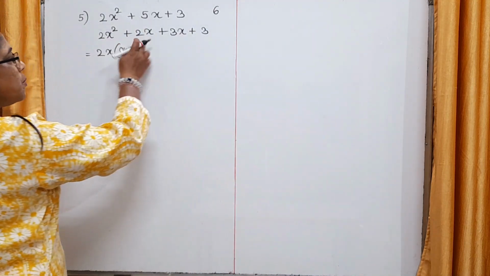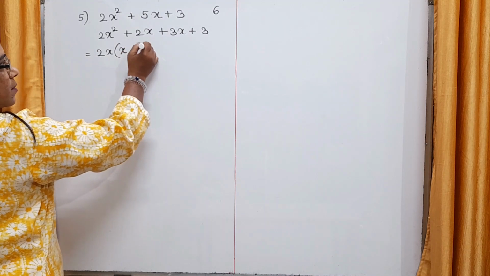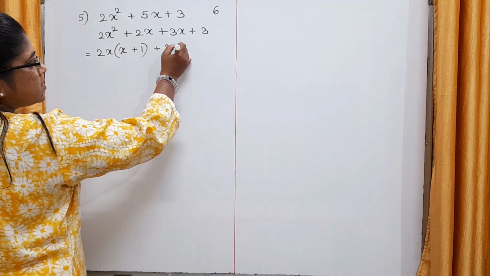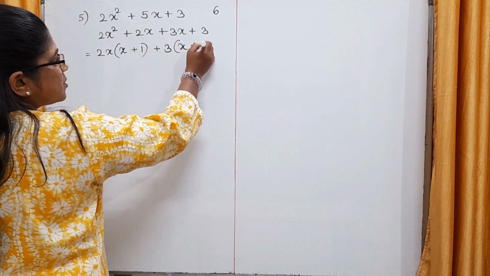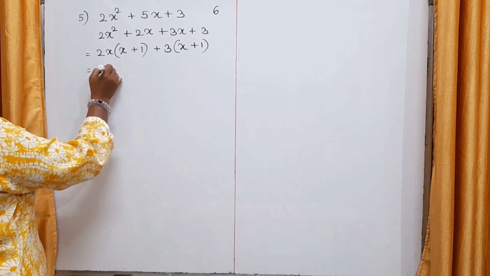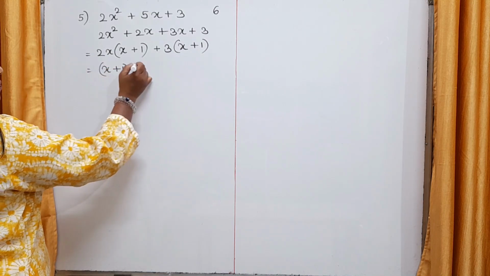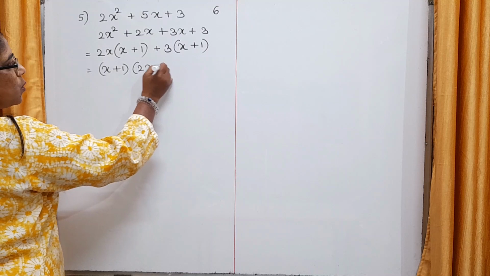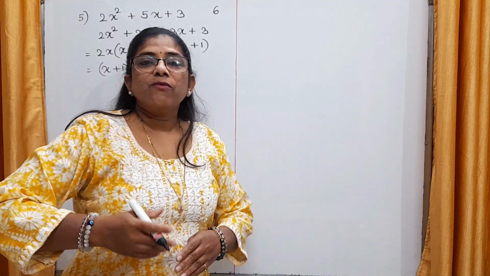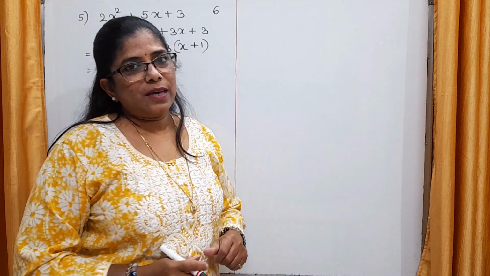As this complete term is out, we have to write 1. Now even here 3 is common, x plus 1. Now here the common bracket is x plus 1 and the next is 2x plus 3. So this is how we factorize such expressions.